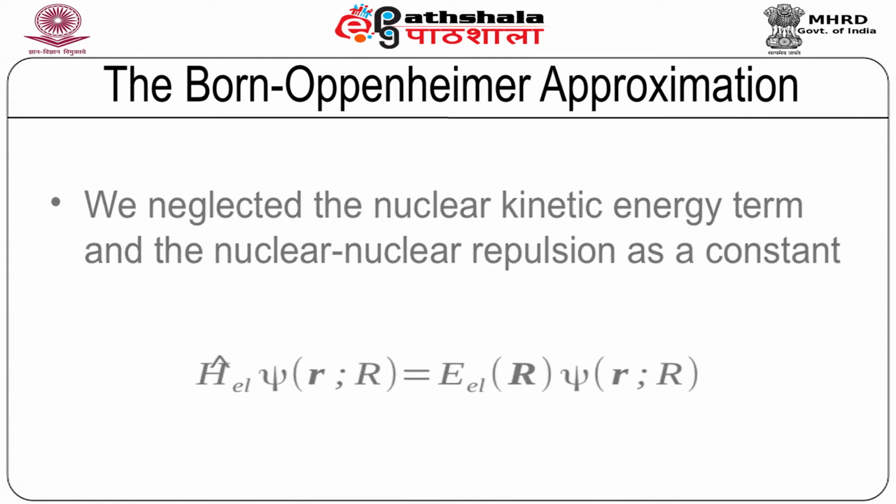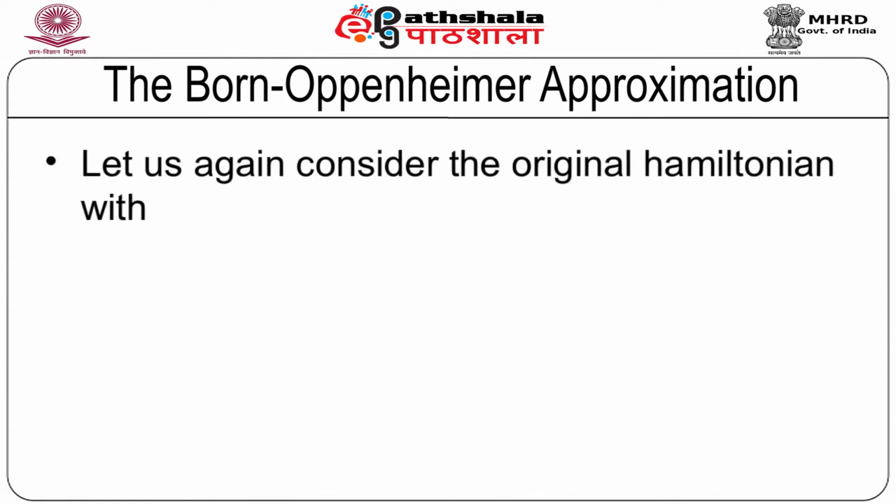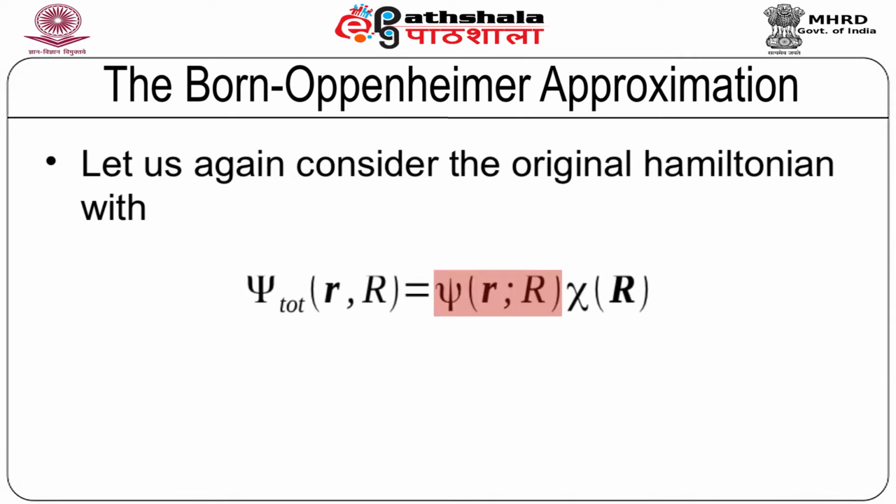energy levels. Now let us again consider the original Hamiltonian operating on a total wave function, and this total wave function we have split into two parts. One is ψ(r,R) and another is χ(R). The ψ(r,R) is the electronic wave function that is dependent on the nuclear coordinates, and χ(R) is the nuclear wave function.